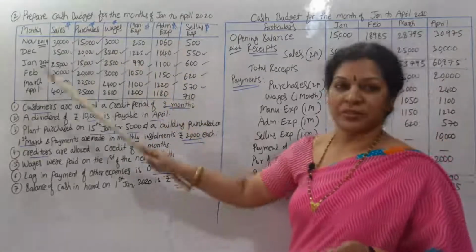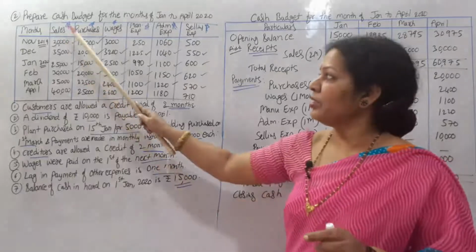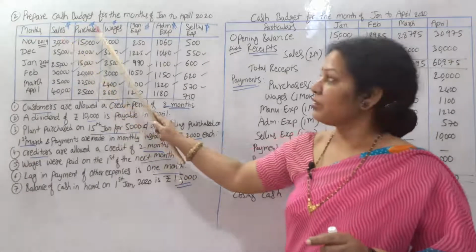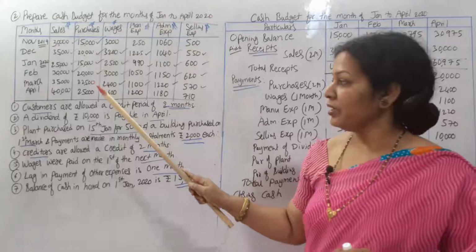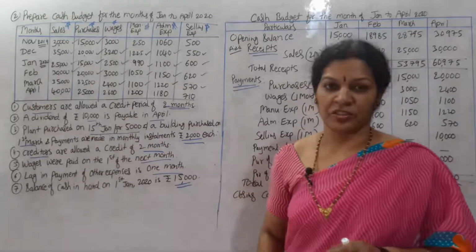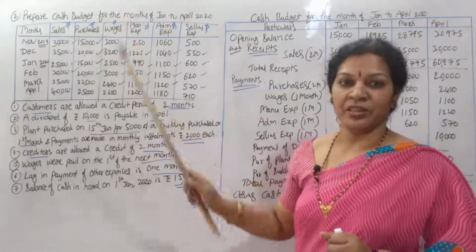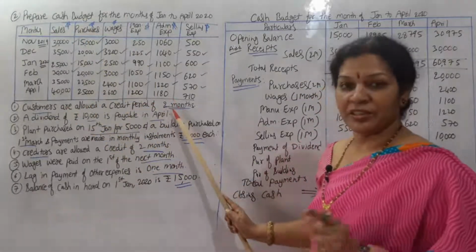And information: this is receipt, and the rest of everything is payments only. Also observe carefully these 6 transactions. Customers means related to the sales. There is a delay of 2 months.